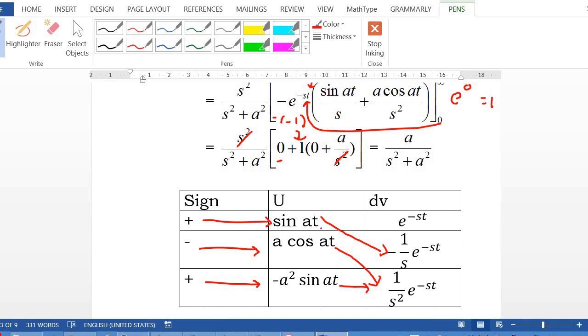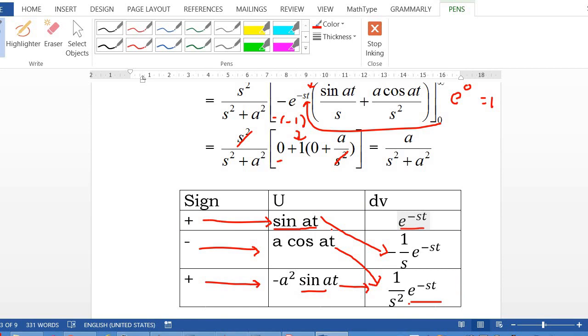In this case, you just need to do 3 rows for your tabular method, where in the third row you get back the same term. I said term, not coefficient. Sin at here, e to the negative st, then you stop.